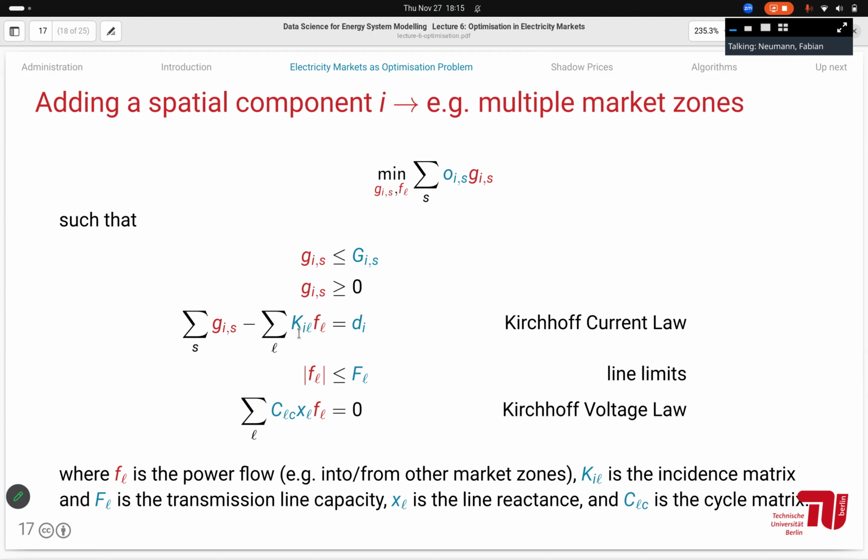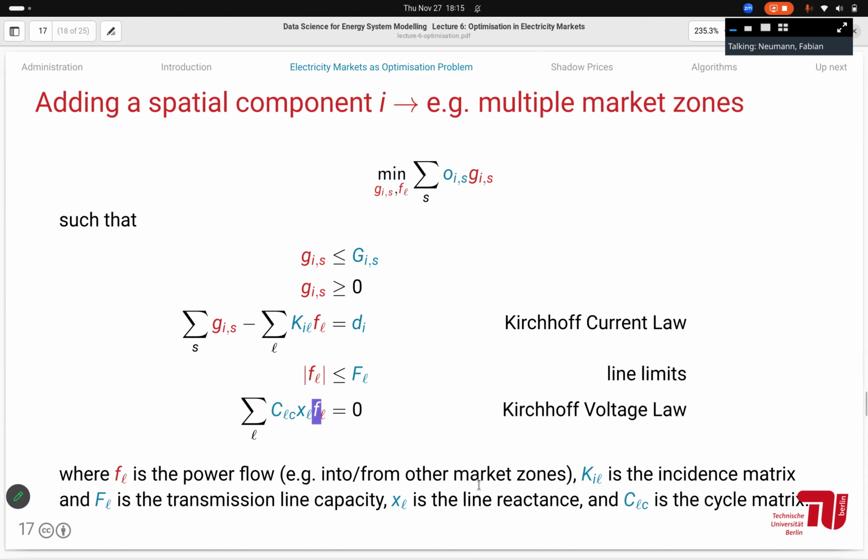The new parameters, the new input coefficients that go into this model, are the cycle matrix, the incidence matrix K, the line resistances x_l, the flow capacity, the transmission line capacity, and a few things just have additional indices. So we now have a demand for each of the different regions.